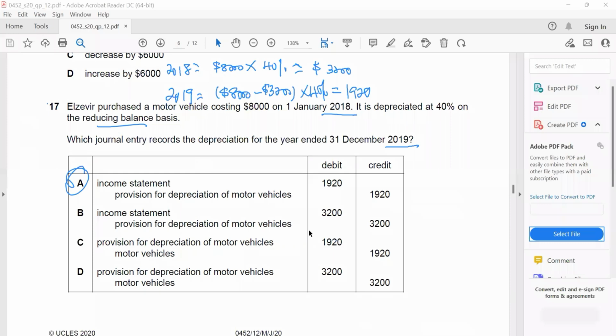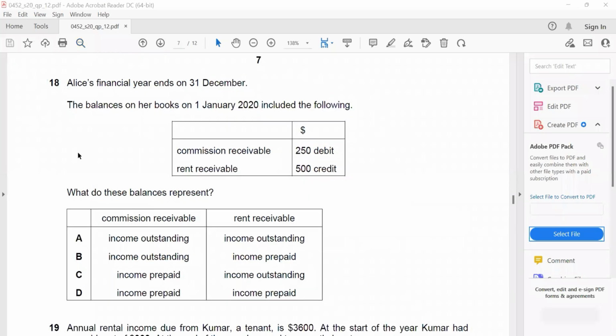Okay, now next move on. 18. Alice's financial year ended on 31st December. The balances on her books on 1st January include the following: commission receivable, rent receivable. Both are income accounts, but the balance worked out is a debit, which means this is a current asset, and this is a current liability.